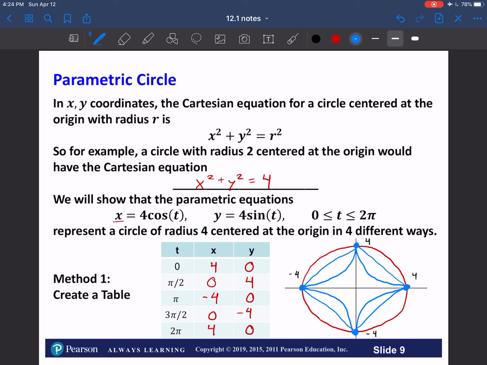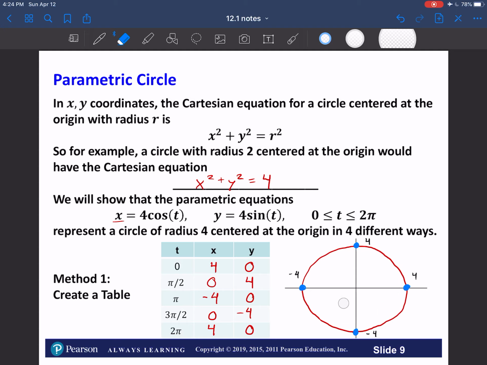You would really need some more information. So what we really should have done is considered points like pi over 4, pi over 8, 3 pi over 4, etc. But I assure you that when you do consider more points, you would get a better approximation for your curve. So let me clean this up a little bit.